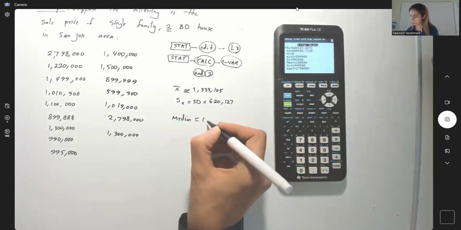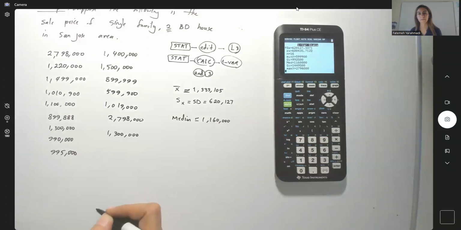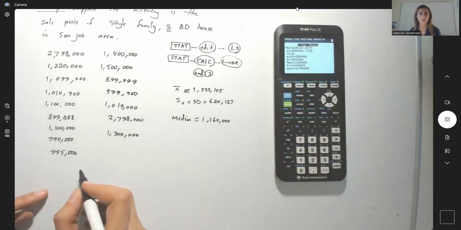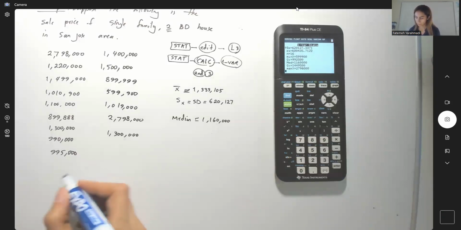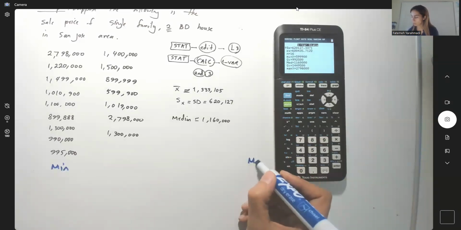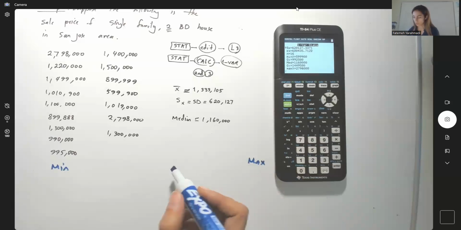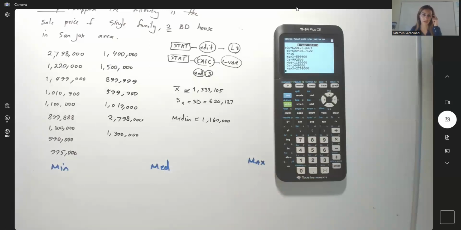So remember the definition of median. Median divides up the data into 2 pieces. So here you have your minimum value in the collection, you have your maximum value in your collection, and you have your median. Remember that we use median when we have outlier in our collection. It gives us a better center representative.